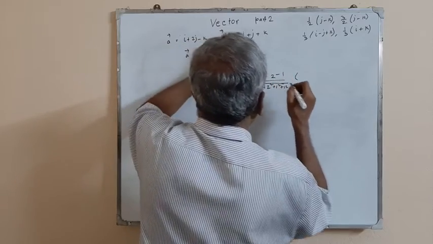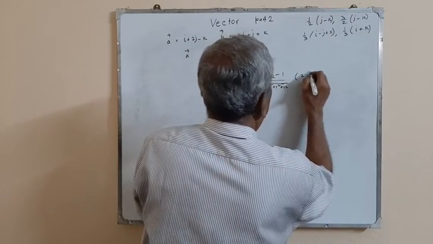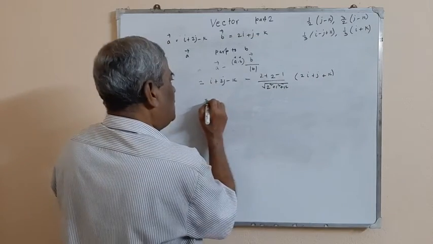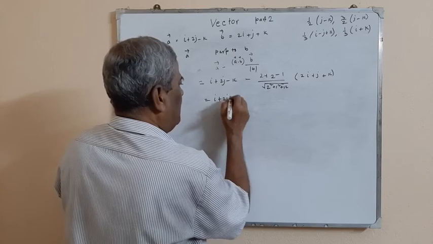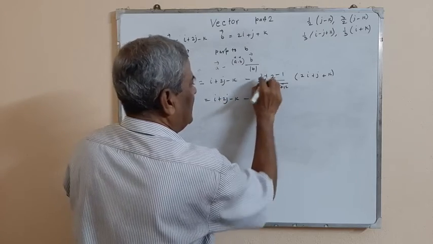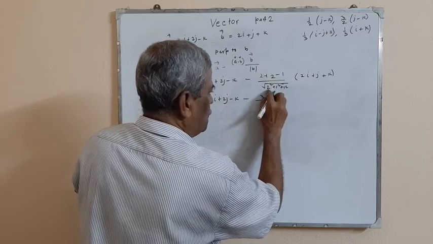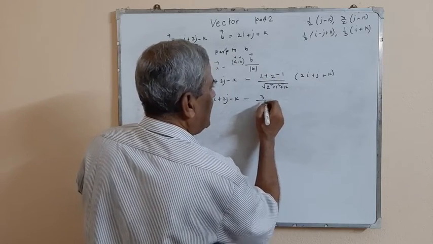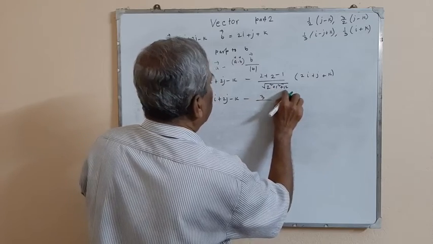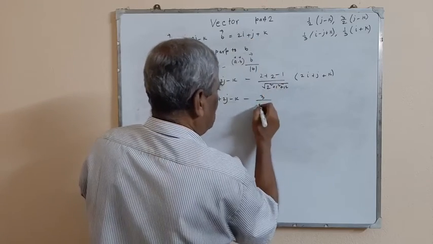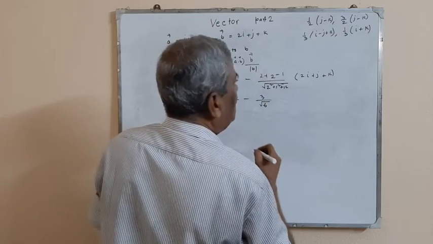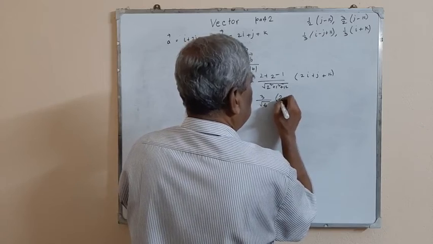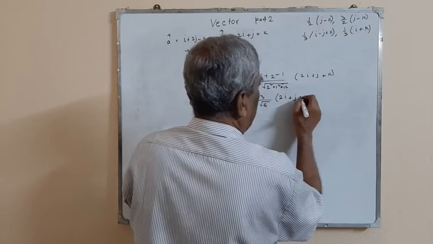B vector is nothing but 2i plus j plus k. It is equal to i plus 2j minus k minus 3 by 6 into this vector, 2i plus j plus k.